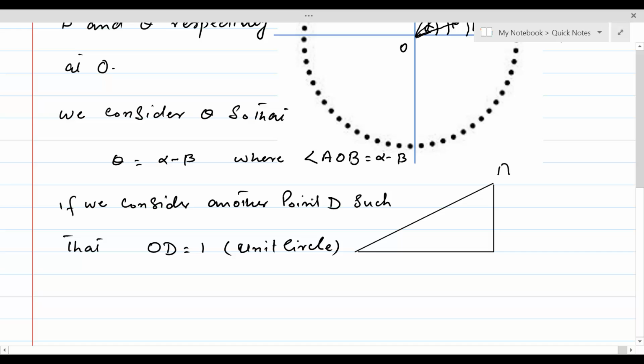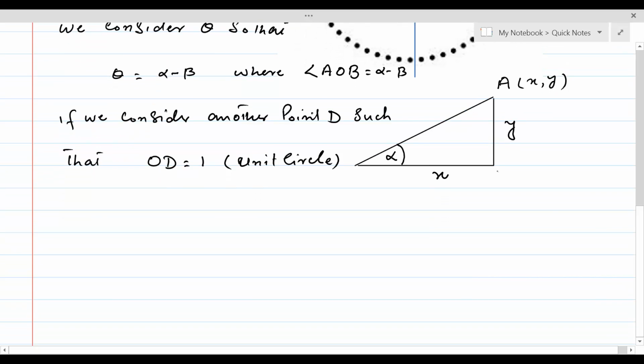Now let's consider that this was the point A. We are taking it just out of the circle so that there is not too much mess in the circle. If this was the point A, which makes an angle alpha at the center of the circle, and we consider the coordinates of A as x, y, then this will be y, the height, and the length of the base would be x.